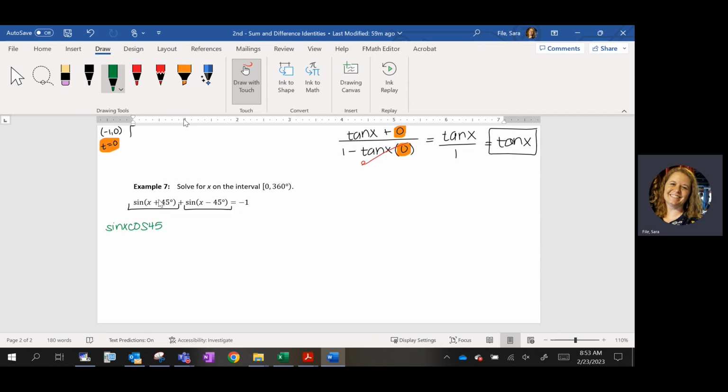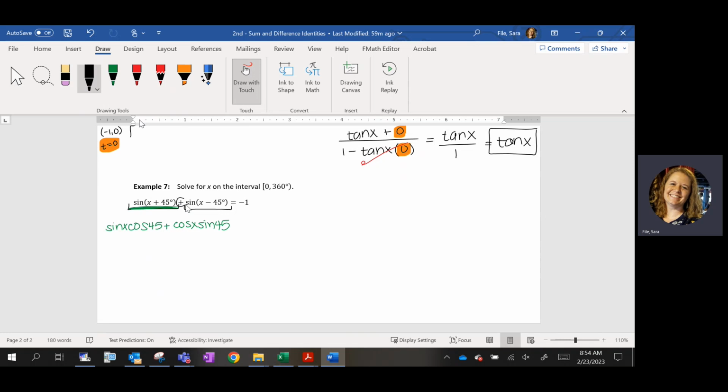And then sine keeps the plus or minus the same. So that's going to be plus. And then it's going to be cosine of x, sine of 45. Okay. So that one I did in green. So that's that expansion. Is everybody cool with that?